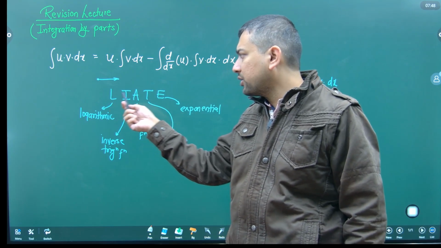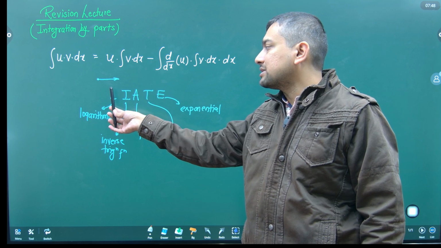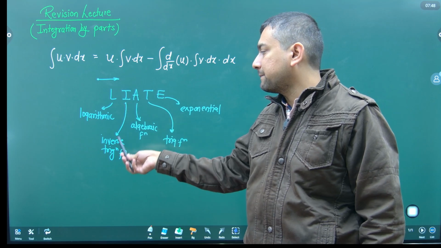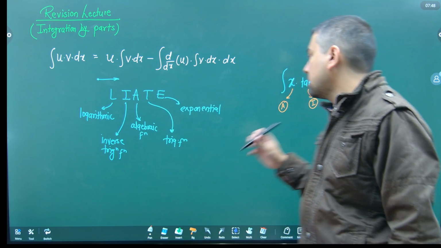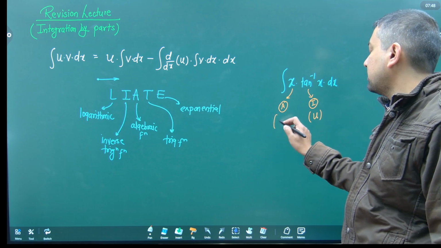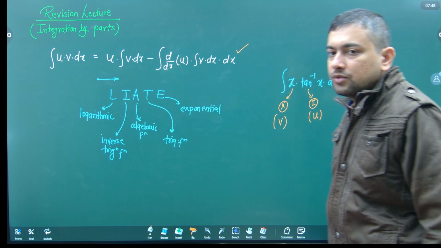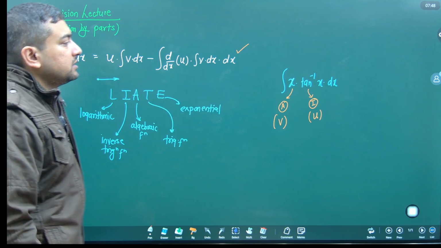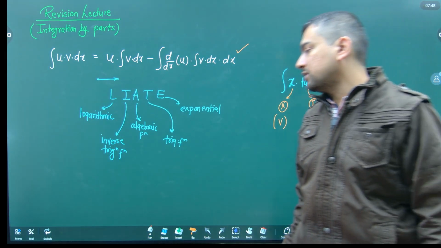For that we are going to use this rule. Starting from the left hand side, which function comes first? I. First comes inverse trigonometric function, then algebraic function. So in this case, this will be your u and this will be your v, and then you can use this formula. Okay, right. So let us see some important examples from this topic.